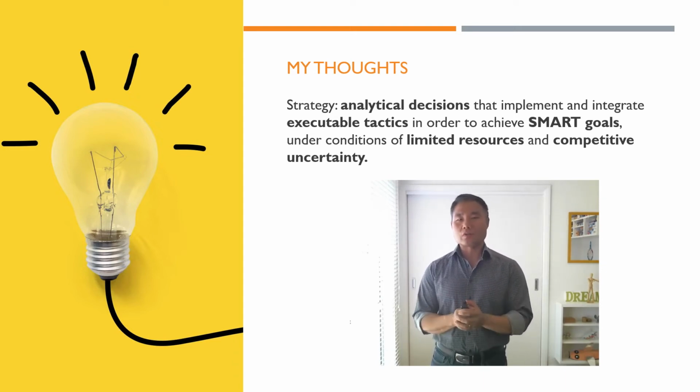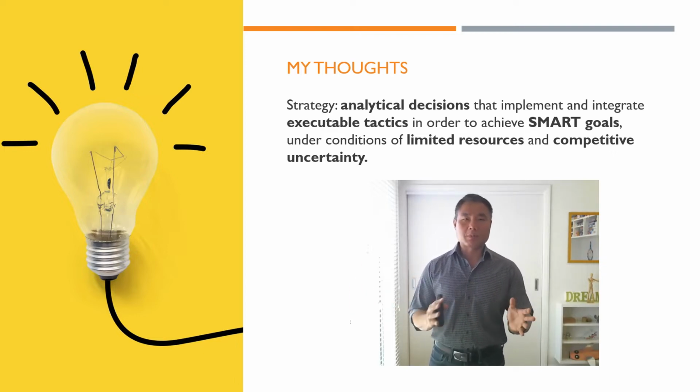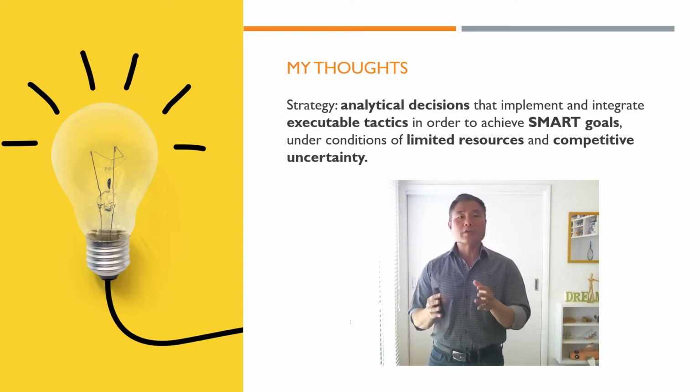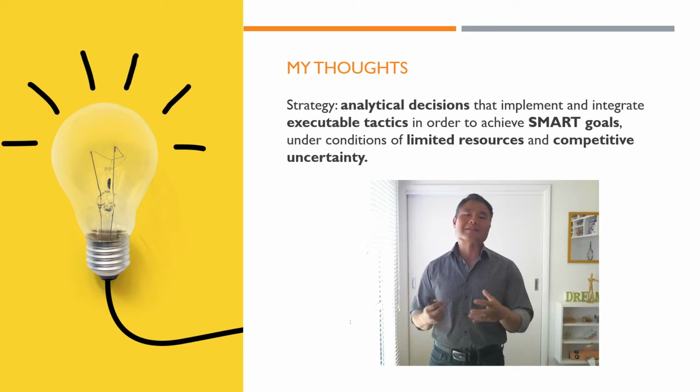What are you going to do given everyone else is trying to do stuff that's not what you're planning for them to do, given that you only have limited resources so you can't spend money on everything, given that there's only a certain number of executable tactics your business can do in this time frame. There are a lot of limits, and with these limits comes the necessity to make really hard decisions. And that really is what, in my mind, defines strategy.